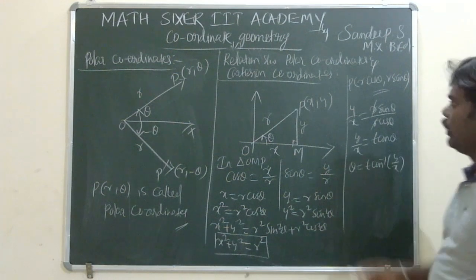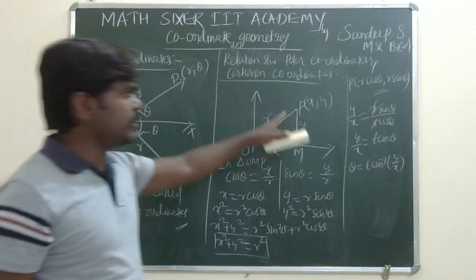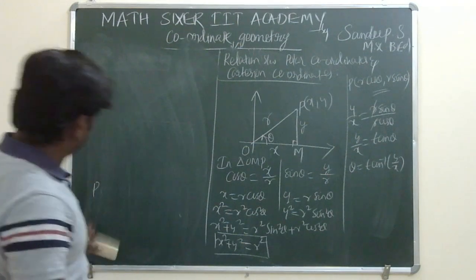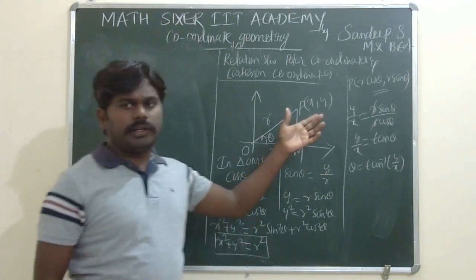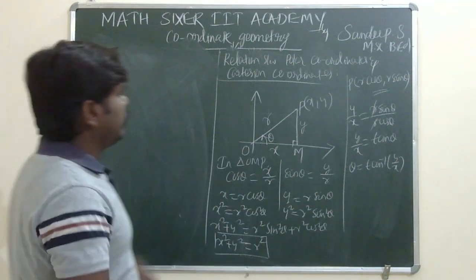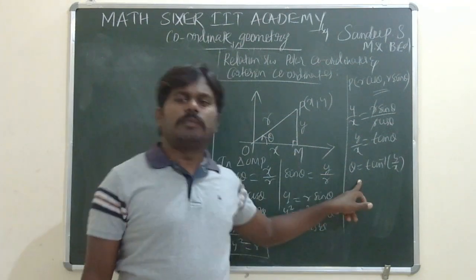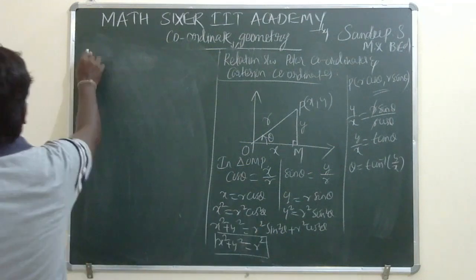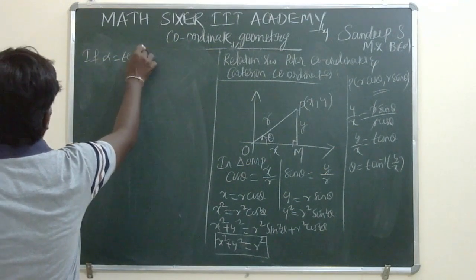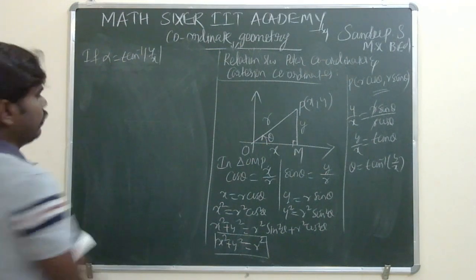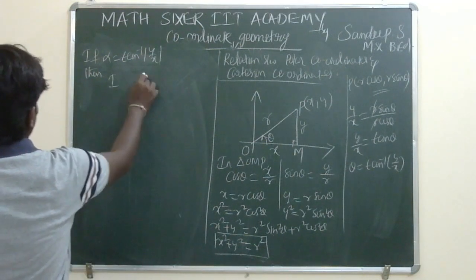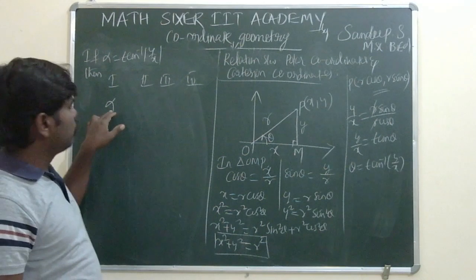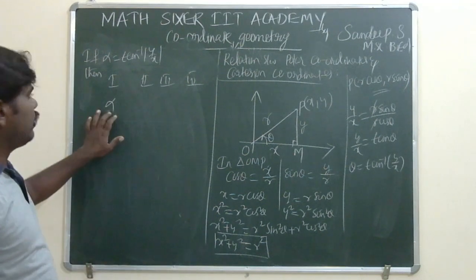The angle actually depends on the position of the point. If the point P is in the first quadrant, it has a different angle than in other quadrants. So the angle theta is based on the quadrant in which the point lies. Taking alpha equal to tan inverse of y by x, in the first quadrant there is no change, since both x and y coordinates are positive, so we take alpha.